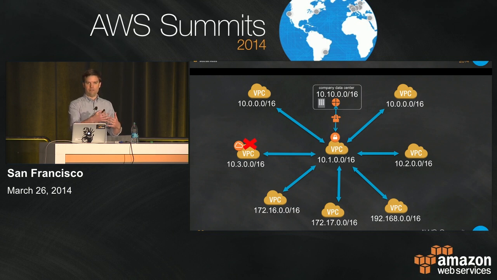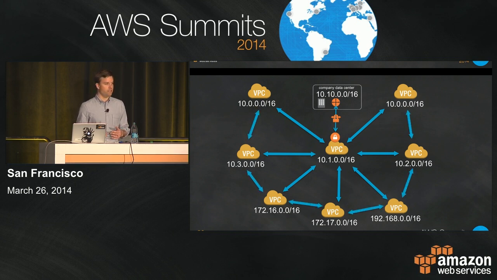VPC peering by default does not allow you to do this. You certainly can do this with your own instances. I mean, if you've provided a proxy layer or a filtering layer that this traffic would land in, in that peered VPC, and then move on, you could certainly get it to work. But the peering relationship itself and these connections are not facilitating routing between the peers. So this, again, is perfectly acceptable.